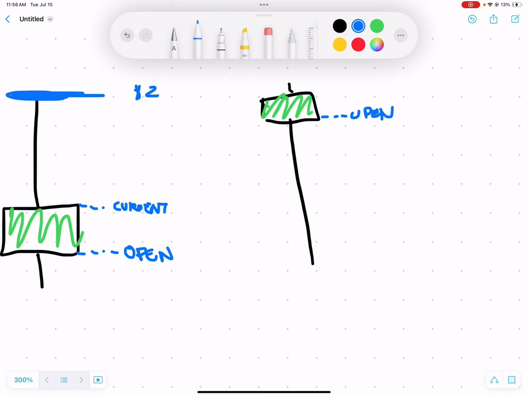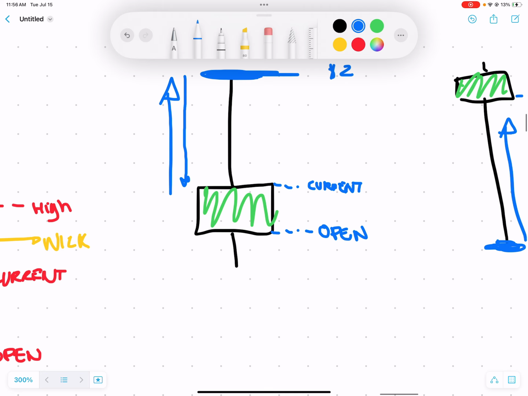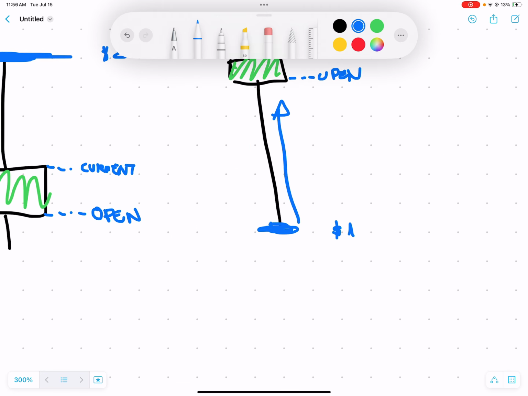All in all, what it means is that when the price reached this price point, which let's say is, I don't know, $1, people started buying like crazy, which is why the price went all the way up. Okay, so a long wick at the top means rejection from above, so there's a lot of selling pressure. And a long wick at the bottom means that there's a lot of buying pressure, that people are rejecting this price. People are buying at $1.